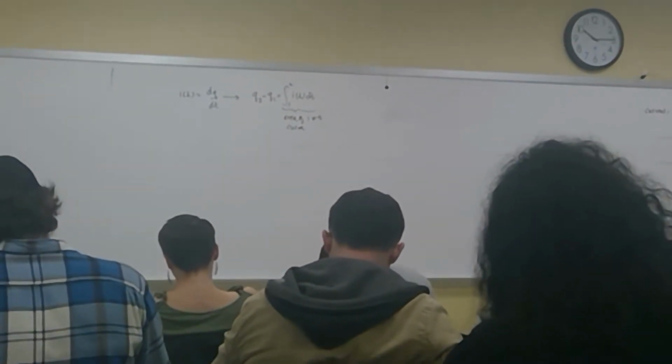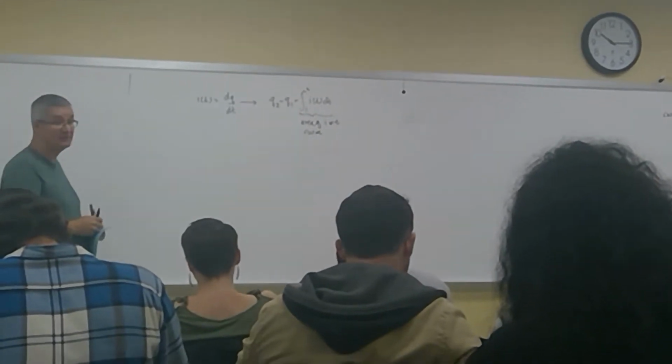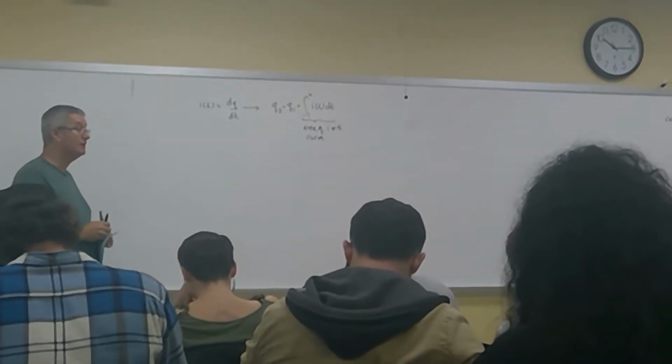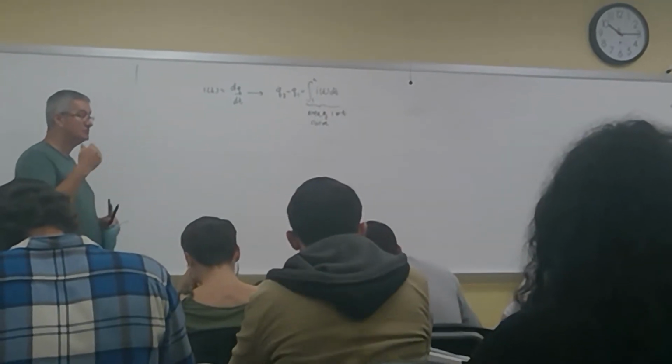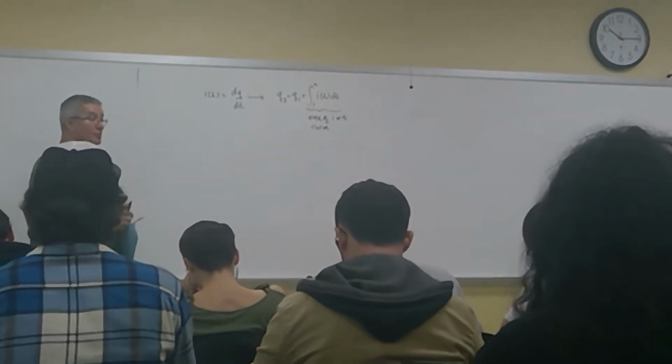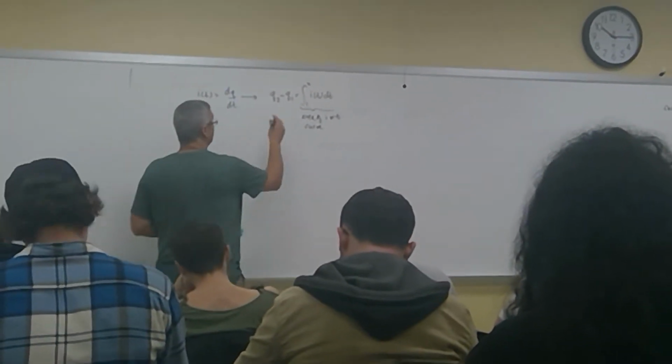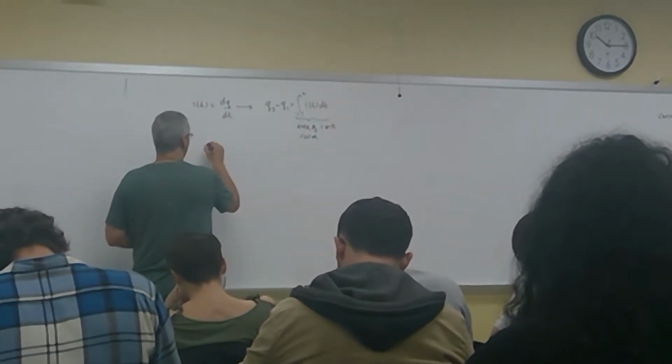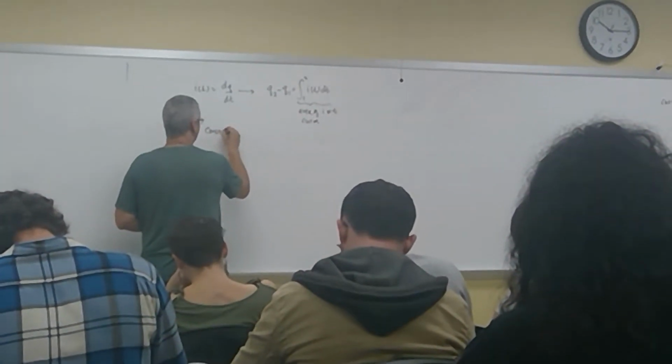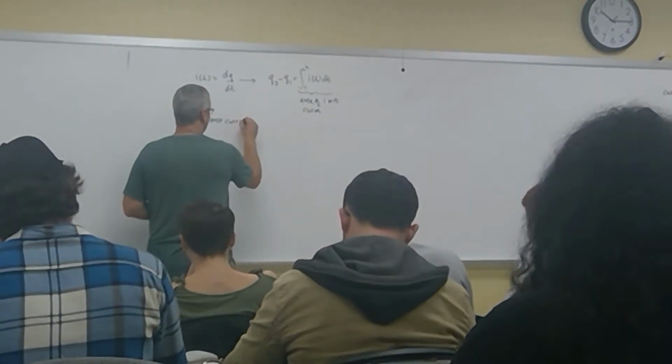Since this is a mathematical course in circuits, I'm going to try to inject as much math early on as I possibly can, so there's no shock value when we get later. So when you look at this, you can talk about what happens if I have a constant current.